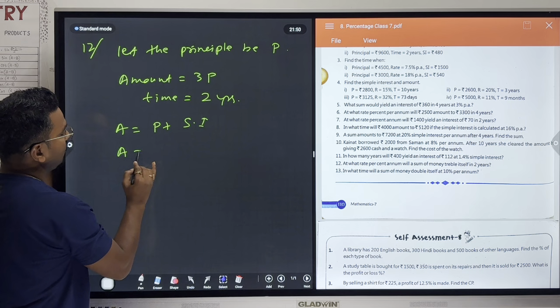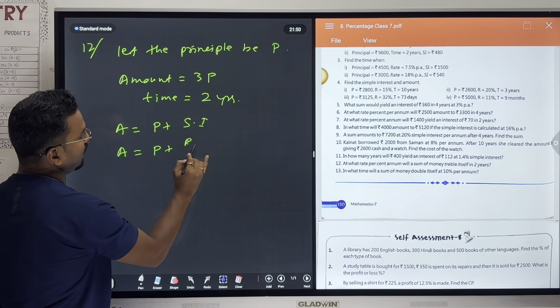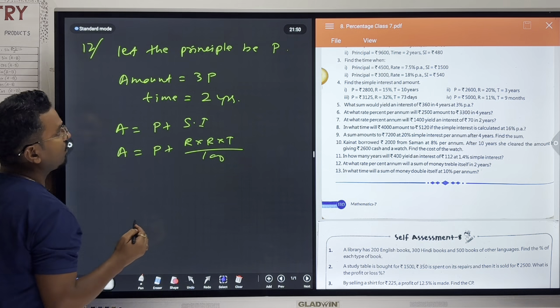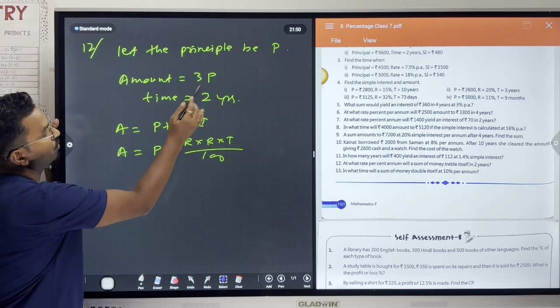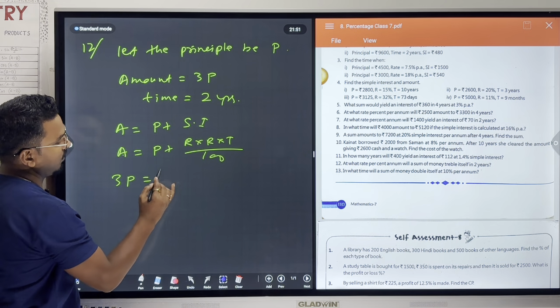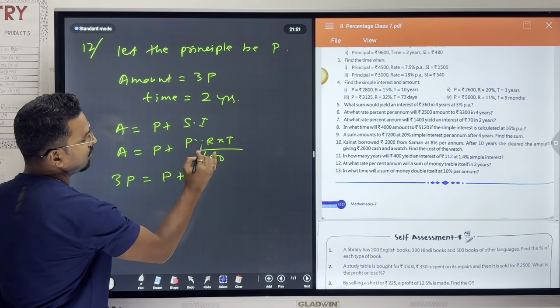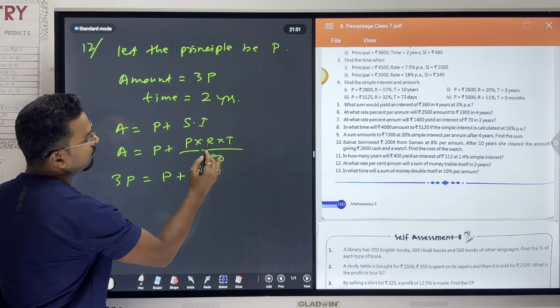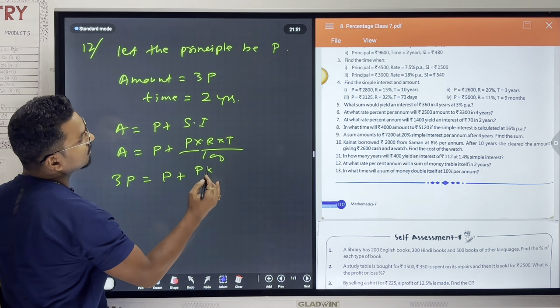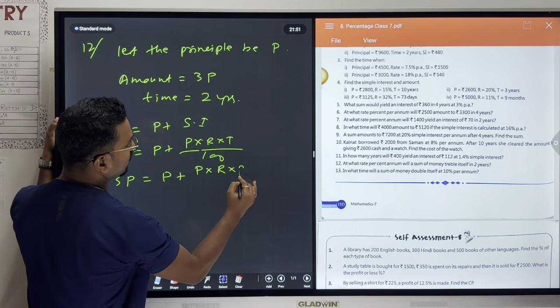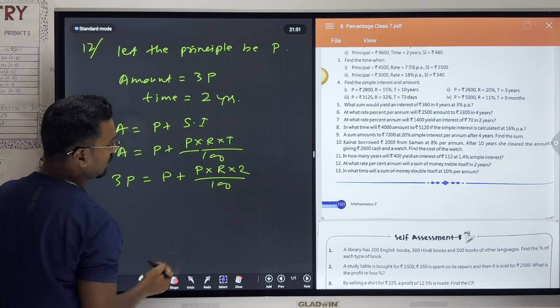So apply the formula P into R into T by 100. Now whatever you know, you just put it. Amount is given as 3P. Principal is P, and P into rate of interest, which we have to find, and time is given as 2 years, divided by 100.